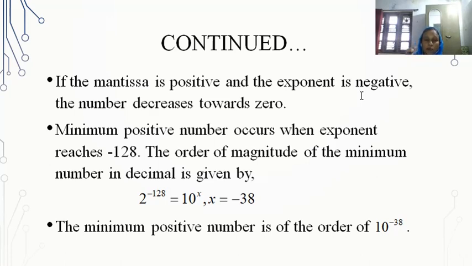The minimum positive number occurs when the exponent reaches minus 128. We can find the minimum order of magnitude just like we did for the maximum. Here we can write 2 raised to minus 128 equal to 10 raised to x, where x equals minus 38. So the minimum positive number is of the order of 10 raised to minus 38.